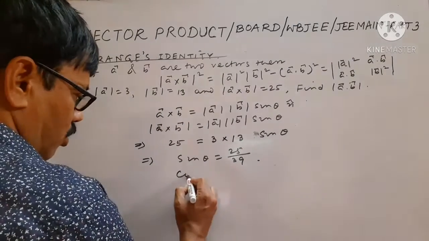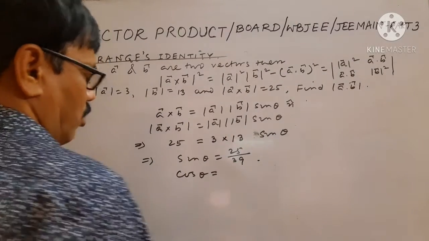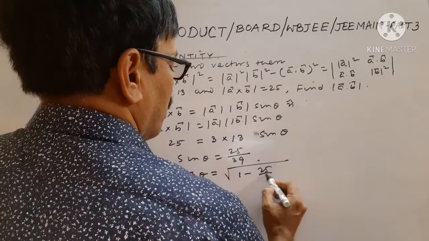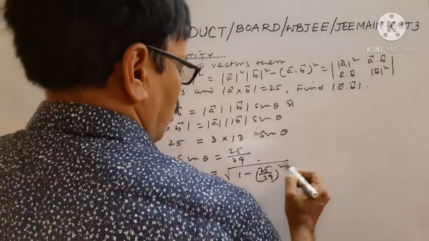So we find cos theta. Cos theta equals root over 1 minus 25 by 39 whole square.